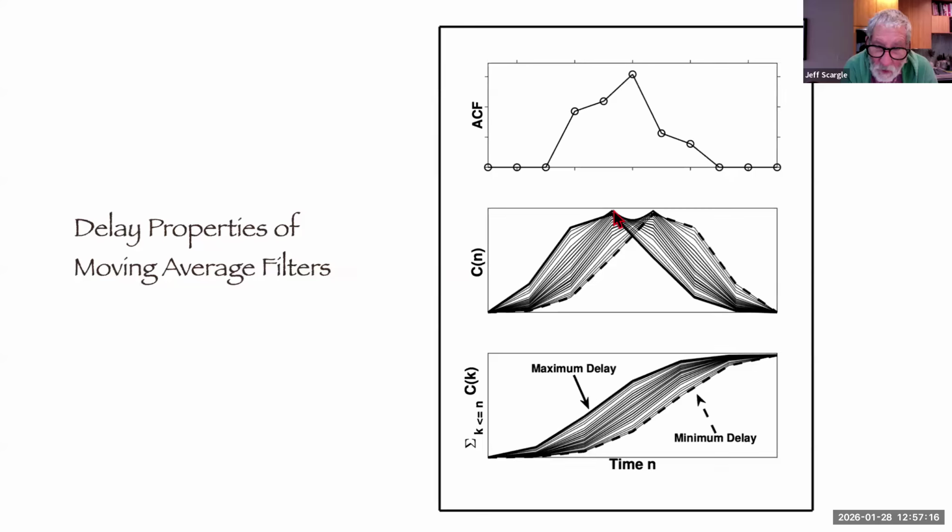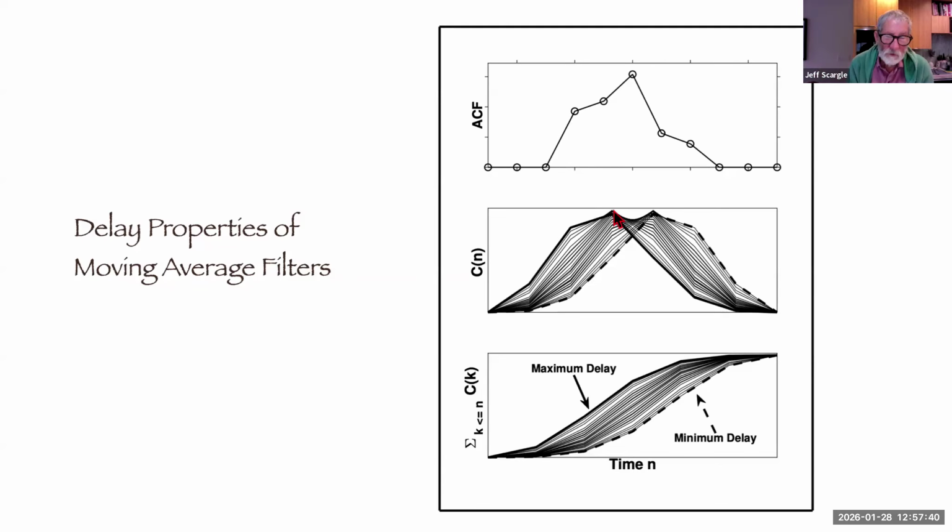I think this will become clearer as I go on, because there's a very specific way you can actually factor the autocorrelation function into what I call dipoles. There are two filters that have two elements to them convolved together.